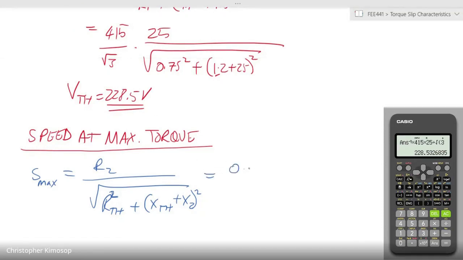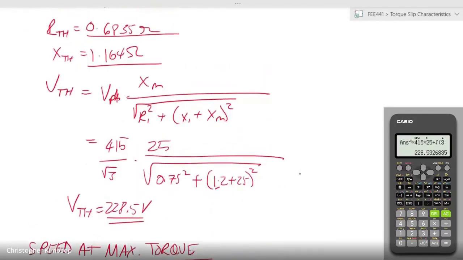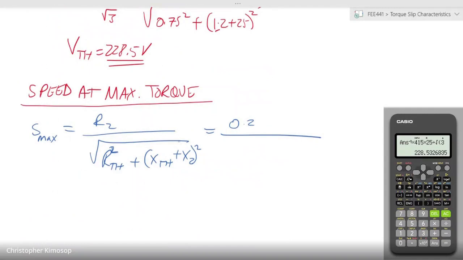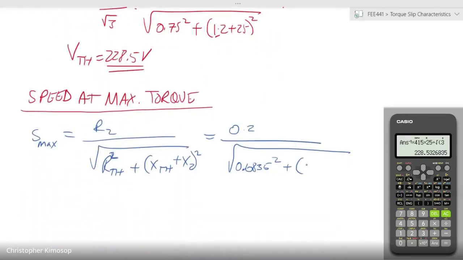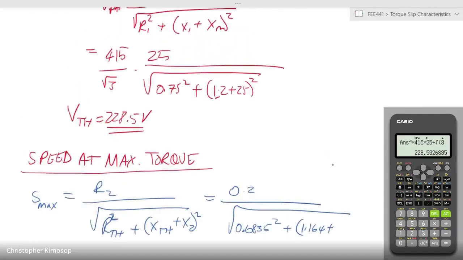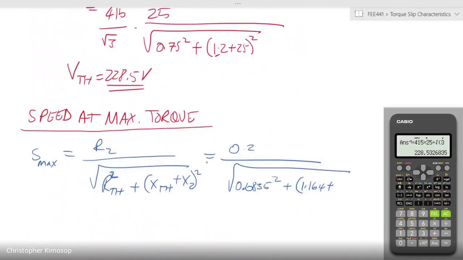So it is 0.2 over, our Thevenin was 0.6835, 0.6835 squared plus X Thevenin was 1.164, 1.164 plus X2 0.5, 0.5 all squared.